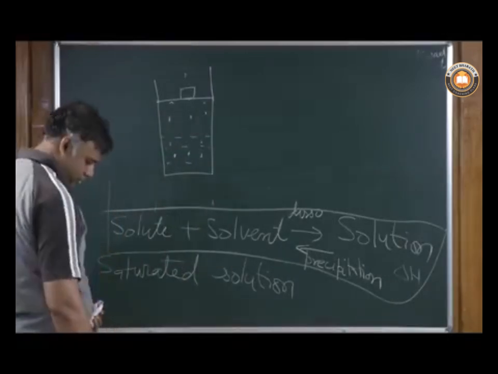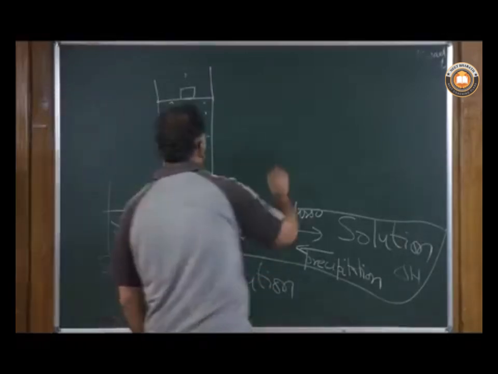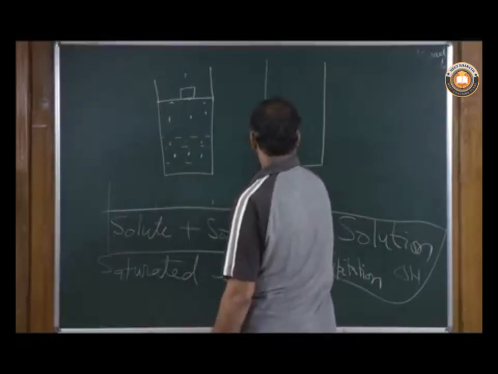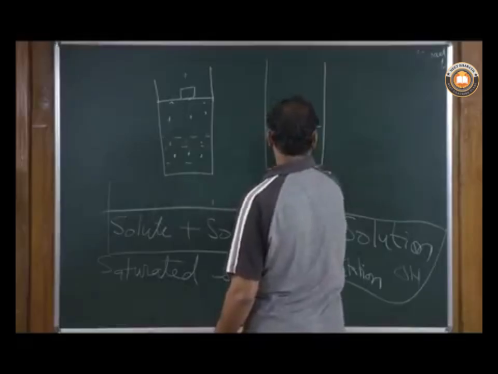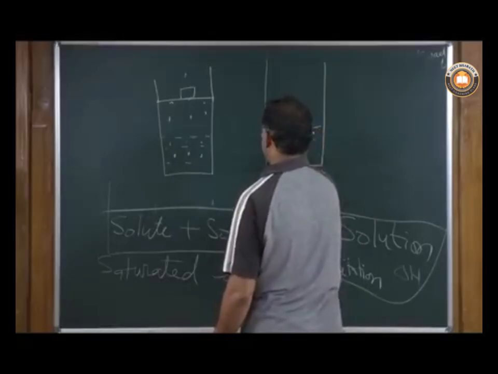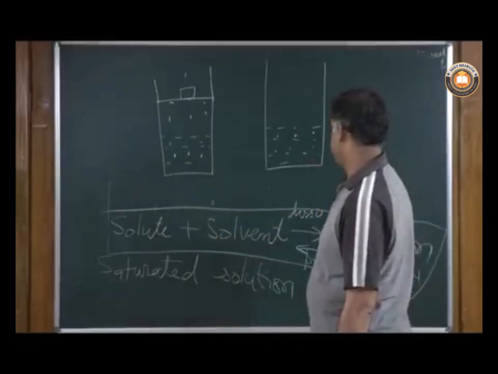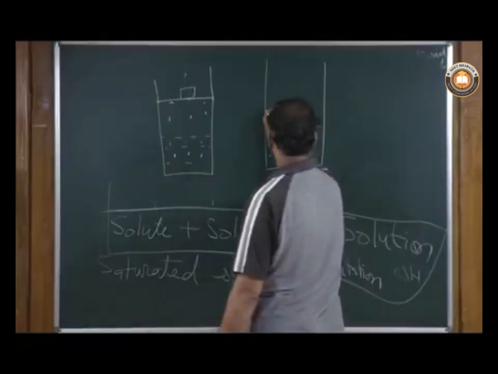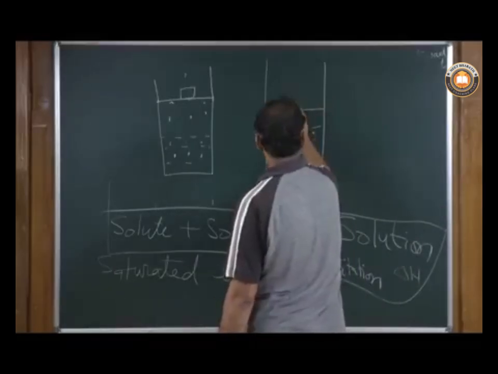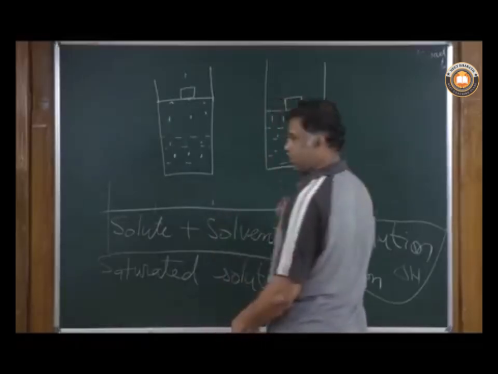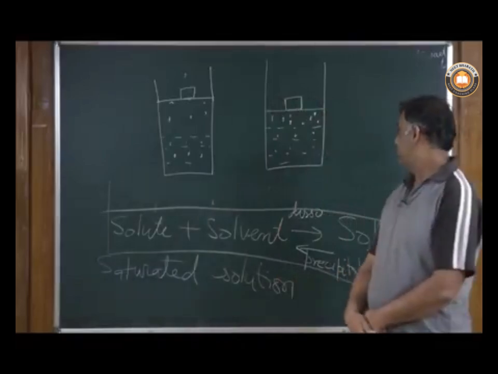Now, if pressure is increased, what is going to happen? The solution being highly incompressible does not compress, but the gas will compress. And now, I have more gaseous particles stored in a smaller volume.